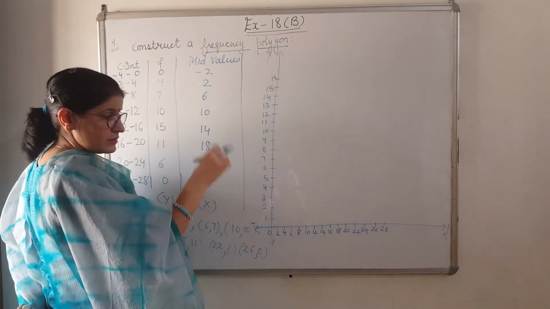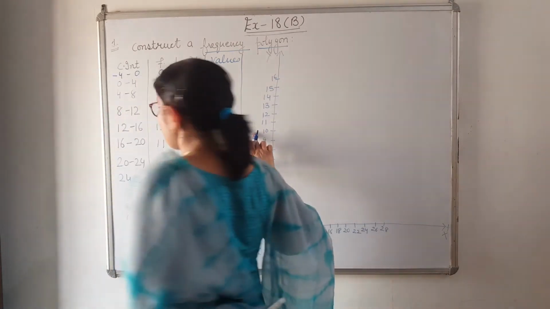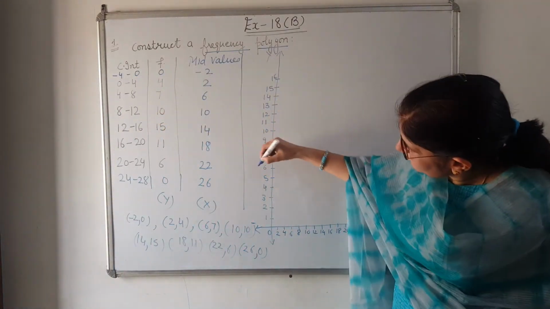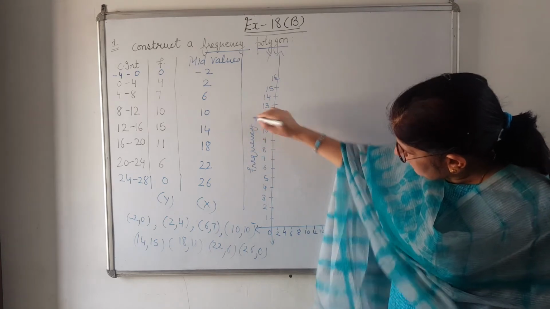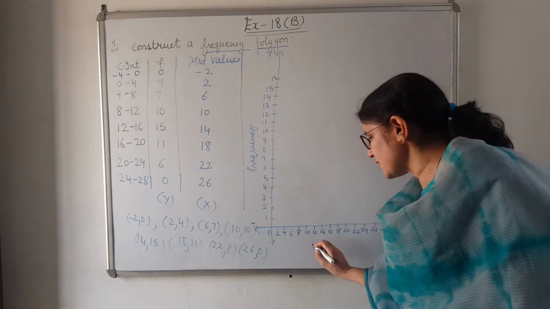We have to write frequency here on the y-axis, and these are the mid values or class marks.